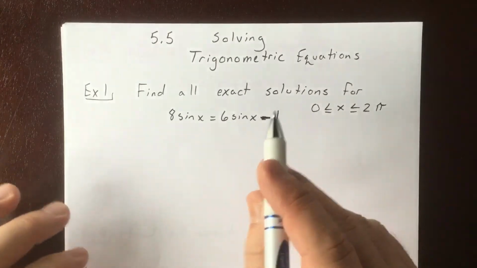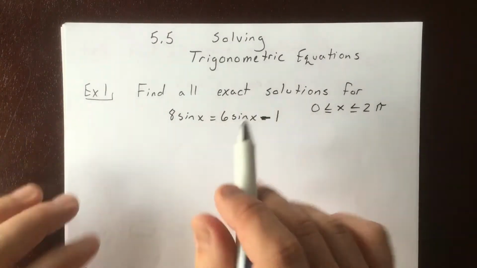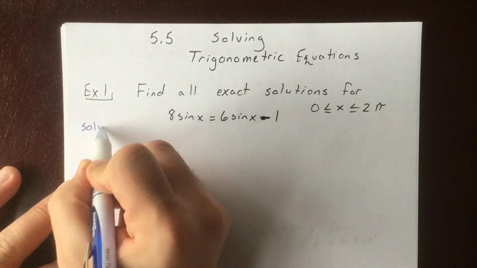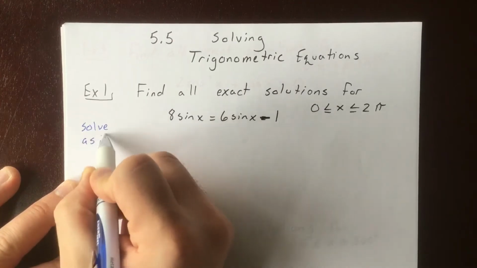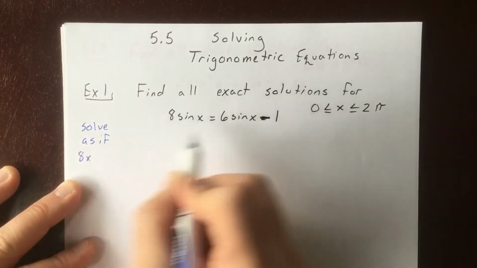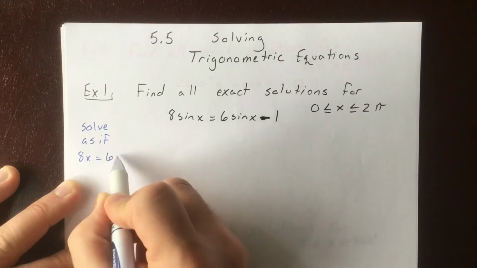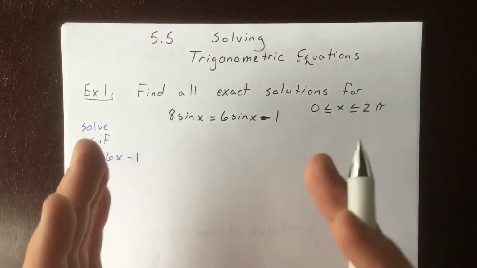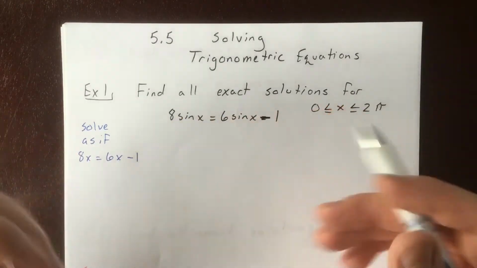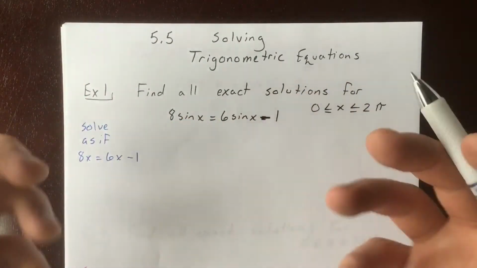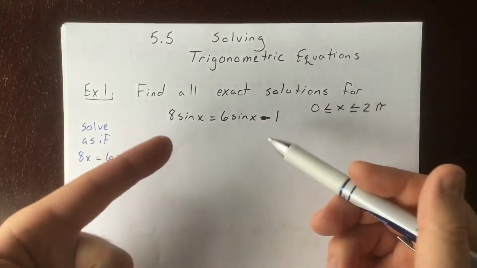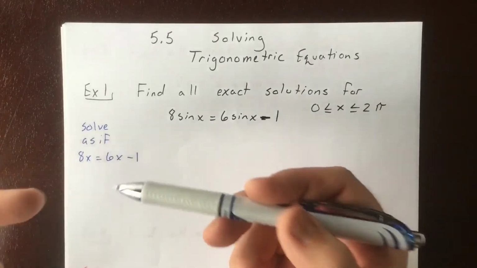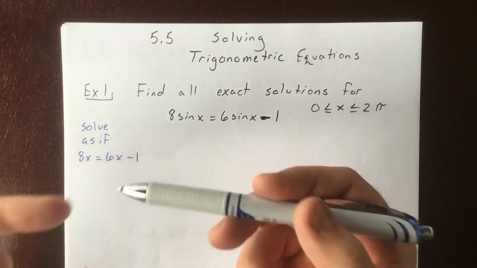So solving this, we should see it as if we are solving 8x equals 6x minus 1. The biggest door into doing this problem is just looking at it as stuff we've done before and stuff we were confident in.